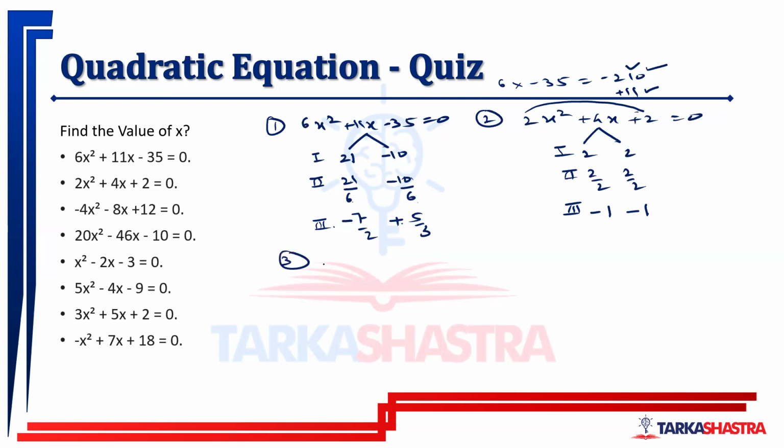Third question is minus 4x square minus 8x plus 12 equal to 0. Okay, the product should be minus 48 and the sum should be minus 8. How is it possible? The splits here are minus 12 and 4.